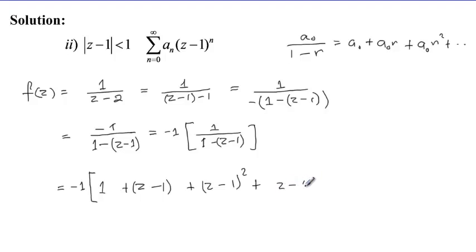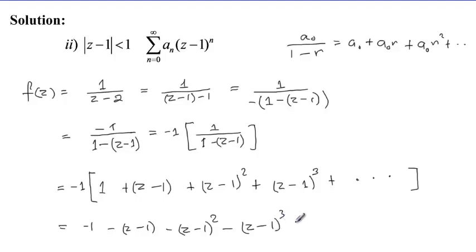Plus z minus 1 cubed, and it continues that way. Now, simplifying this by removing the brackets, we've got minus 1 minus z minus 1 minus z minus 1 squared minus z minus 1 all cubed, and so on.